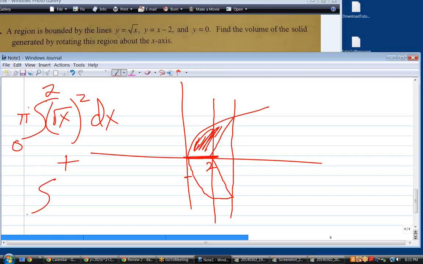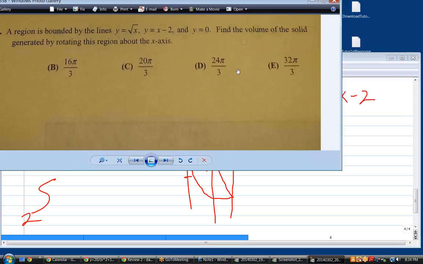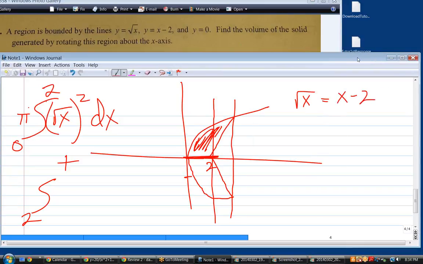plus the integral from 2, where do these intersect? Where is the square root of x equal to x minus 2? Okay, so this point is 4. So now we're going to integrate from 2 to 4. And this time it's top minus bottom, and this time it's washers.